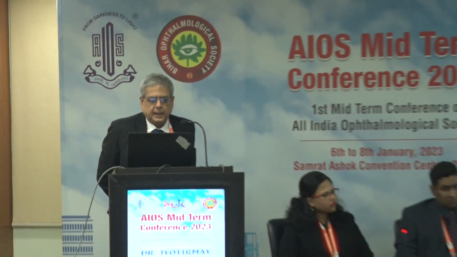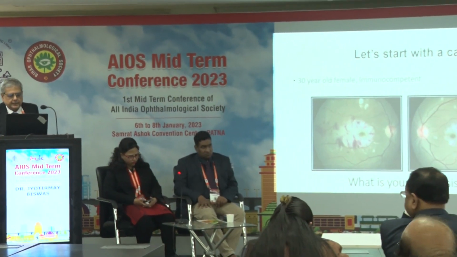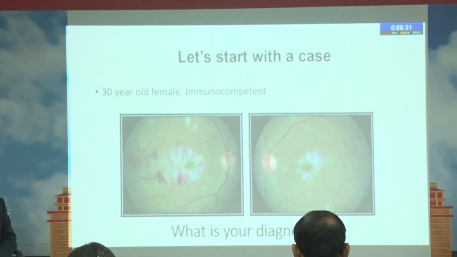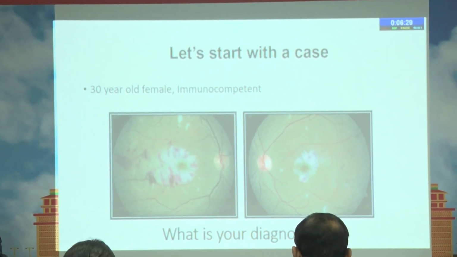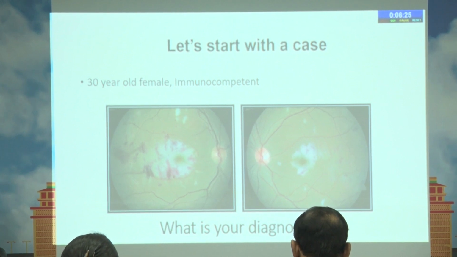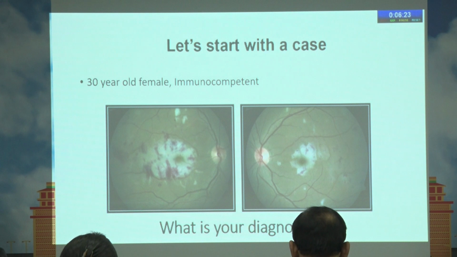30-year-old female, immunocompetent, and you can see necrotizing retinitis with hemorrhages in the posterior pole. Now I ask all the audience, can anybody tell the diagnosis of this case? Necrotizing retinitis with hemorrhage, posterior pole, immunocompetent.